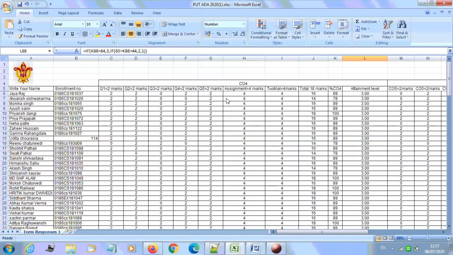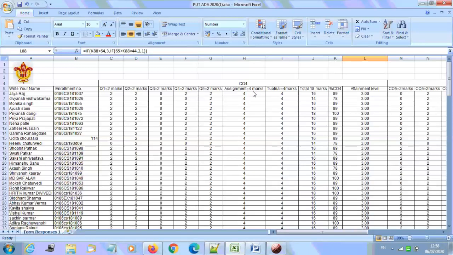I have also given an assignment, which carries 4 marks, and a tutorial, which also carries 4 marks. The total marks of assignment and tutorial can vary. Here I have given 4 questions in unit 4 and assigned 1 mark to each question, and that's why it is 4 marks. If you have given 5 questions, you can consider 5 marks also.